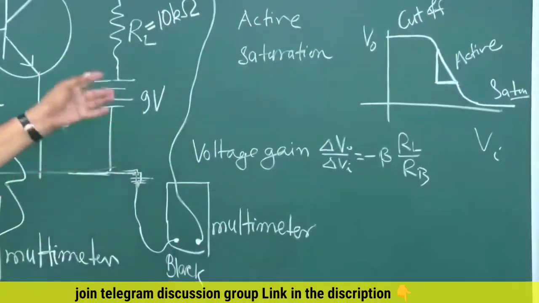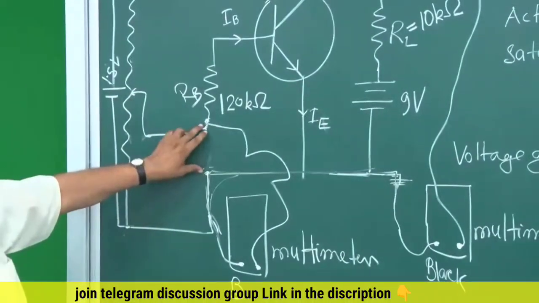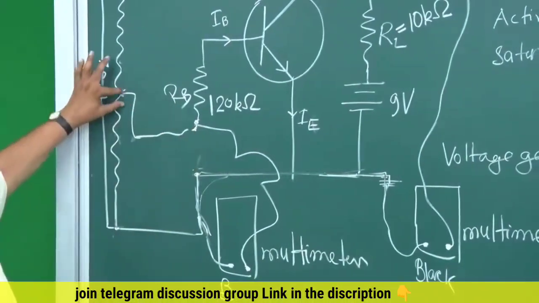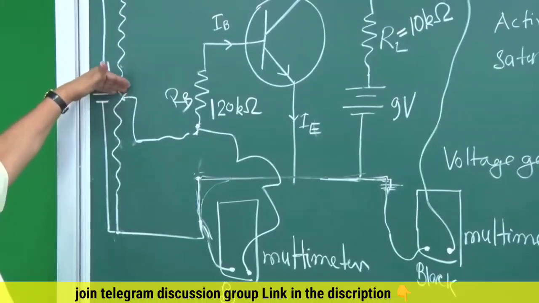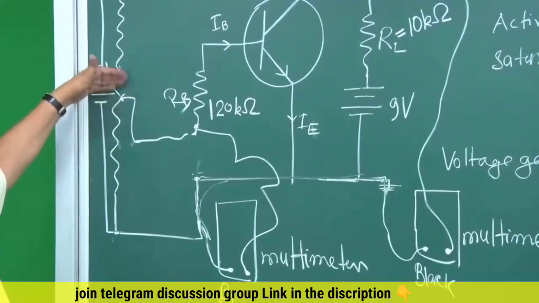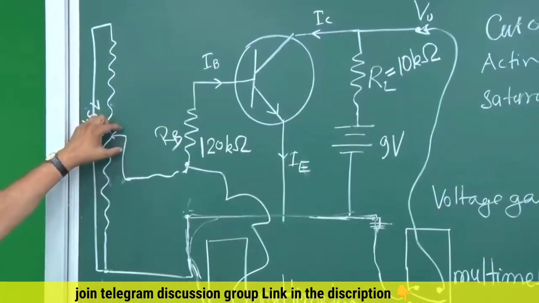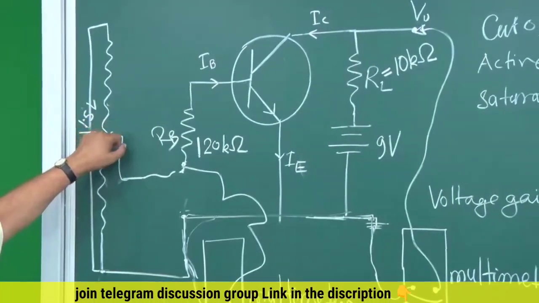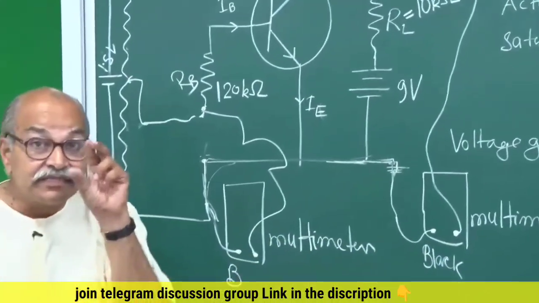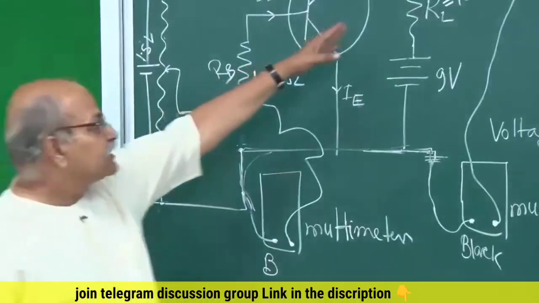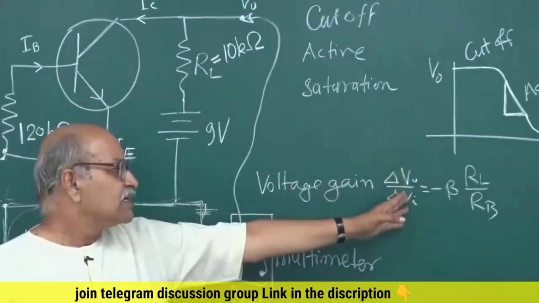In this active region, I will be varying the input voltage given to the base circuit a little bit by varying this variable contact here, and slowly we will increase or decrease this Vi, and we will calculate the change delta Vi or delta Vs. That will be the change in the signal voltage, and then we will measure the change in the output voltage, and calculate delta Vo divided by delta Vi.